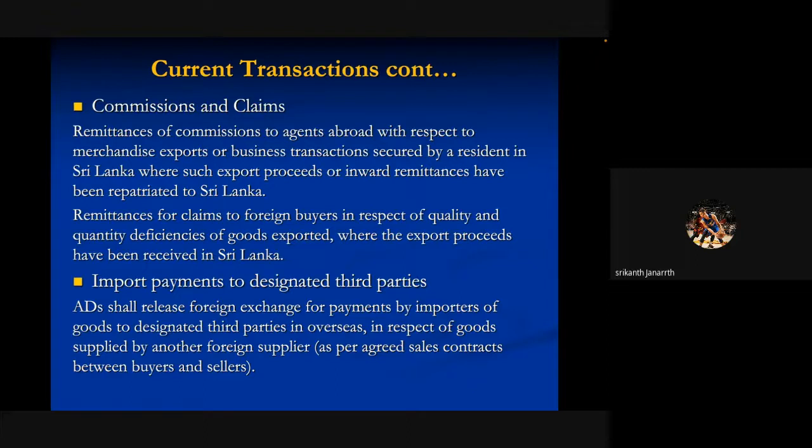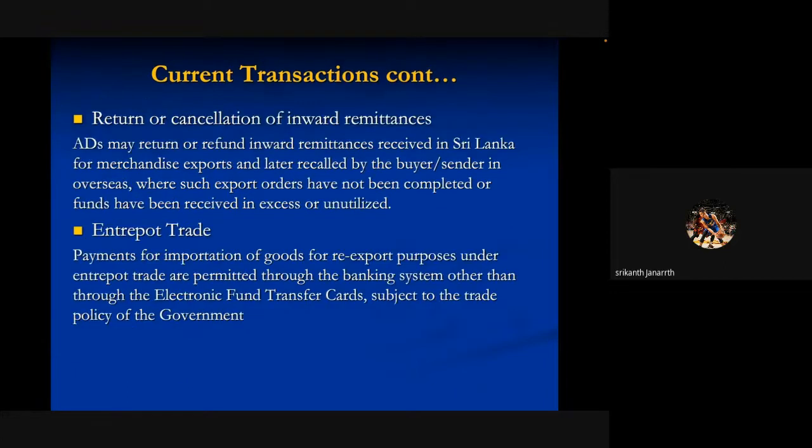But X is saying to Y, don't make the payment to us, make the payment to Z. So the payment goes to Z in Singapore. That is the example. That is called import payment to designated third party. There is a prior arrangement. You need to go through the sales contract or the pro forma invoice to verify this arrangement, right?